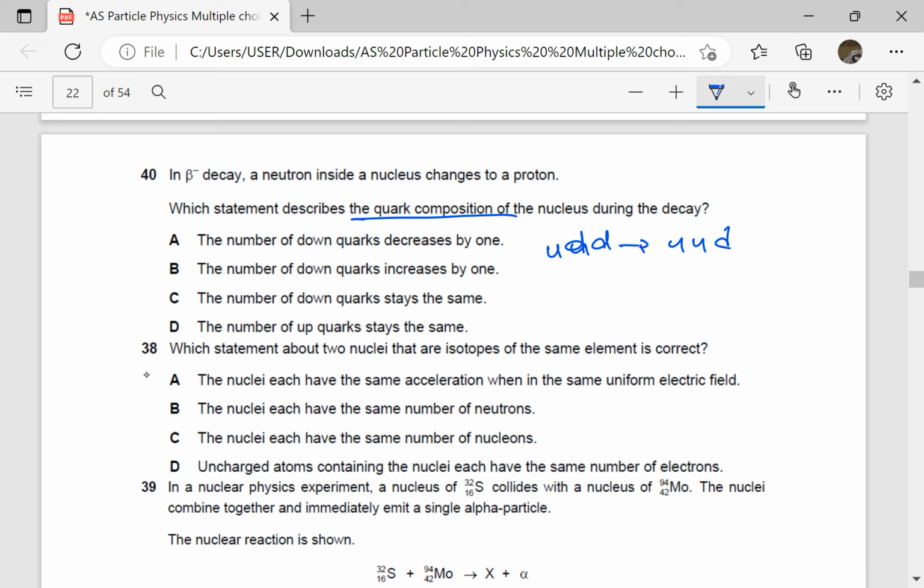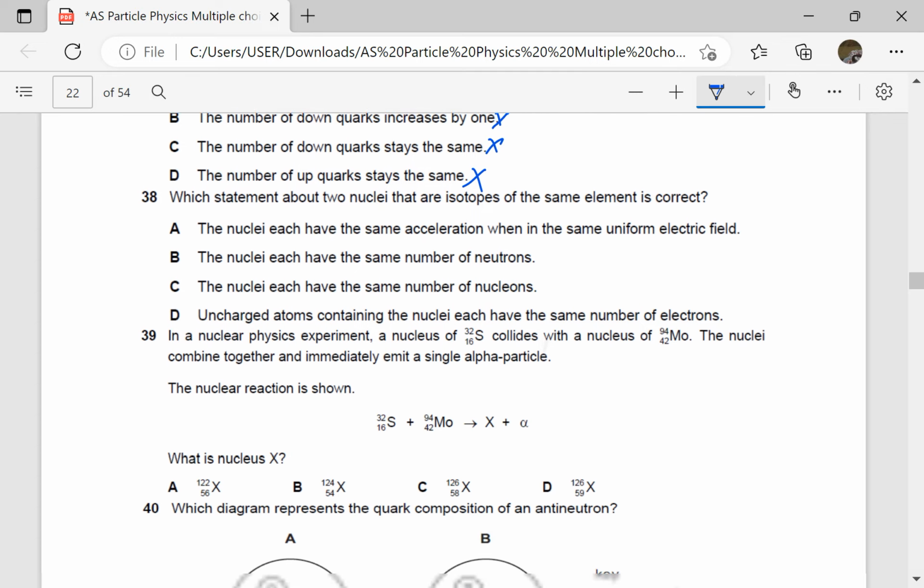So it means the number of down quarks decreases by 1 as the number of up quarks increases by 1. So the answer is going to be A. The number of down quarks decreases by 1 because up, down, down changes to up, up, down. The number of down quarks increases by 1, that's not true. The number of down quarks stays the same, it changes. The number of up quarks stays the same, it changes. So the answer is A.